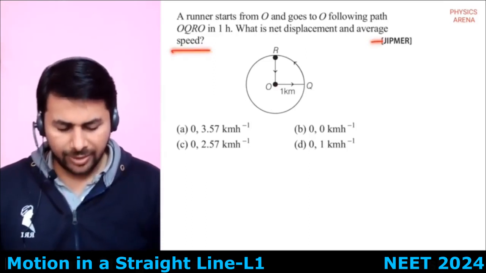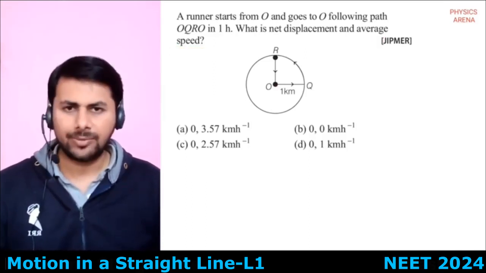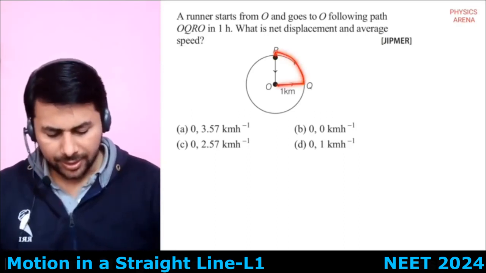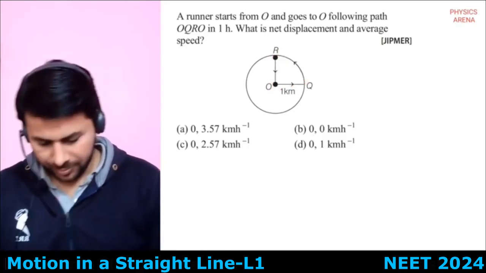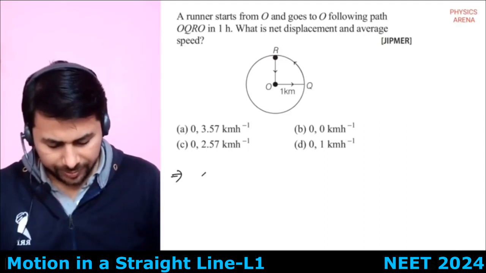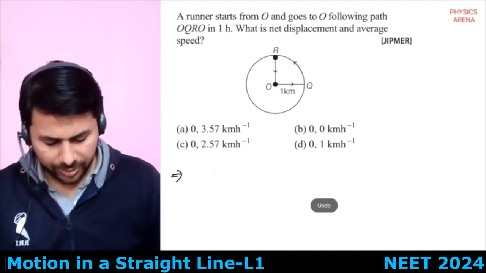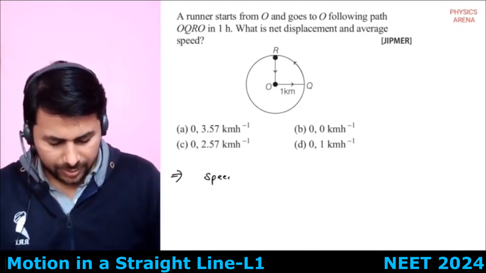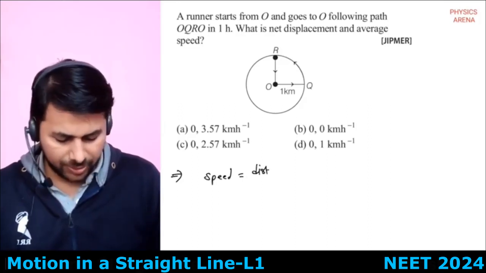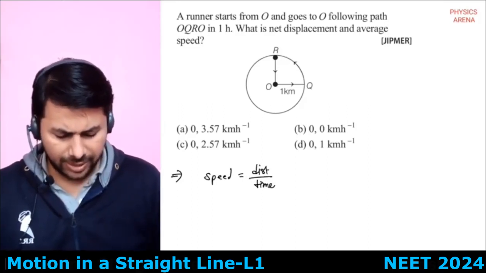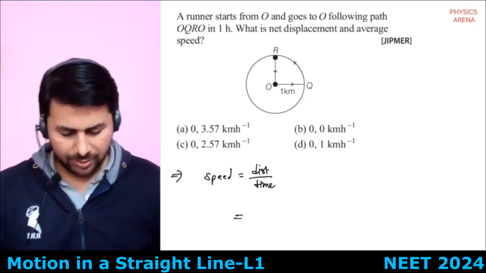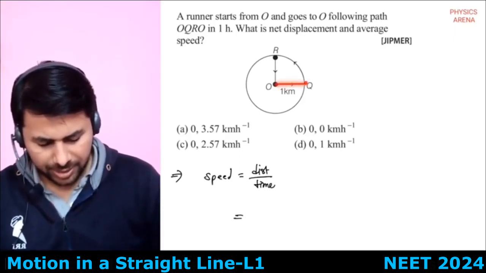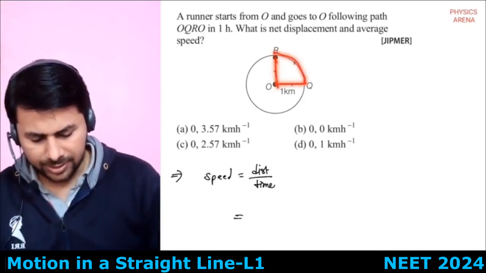Then what is the average speed? So to find the average speed, we have to find out the total length of the path. So speed is equal to what? Distance divided by time. So time is 1 hour. Distance covered would be equal to this much distance plus this distance plus this distance.